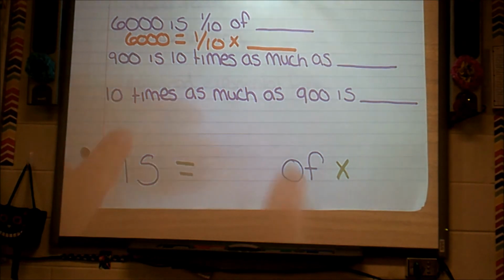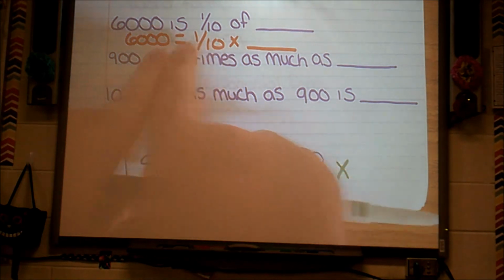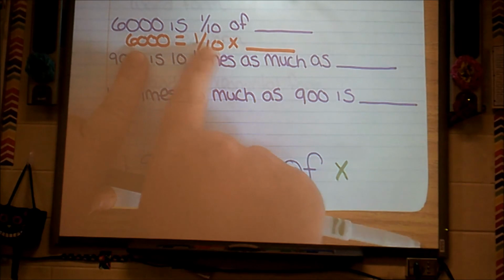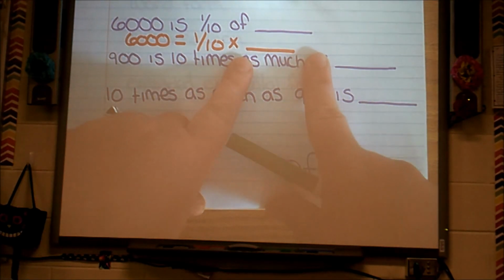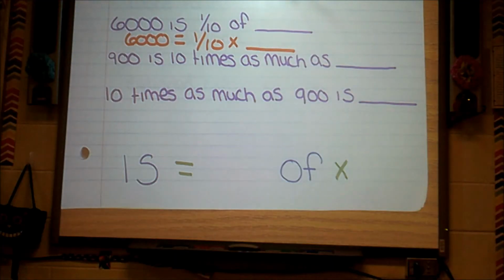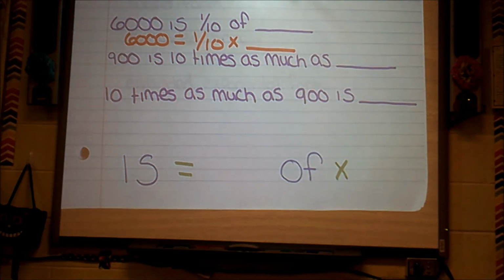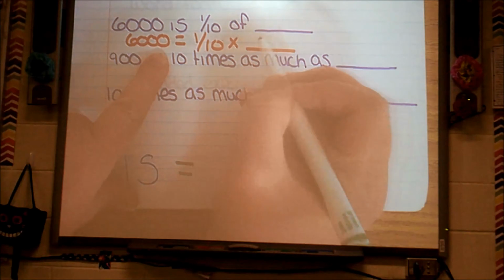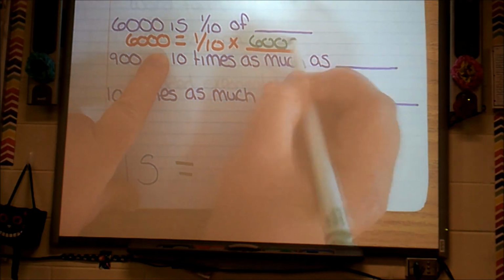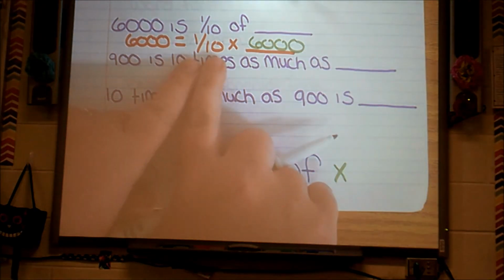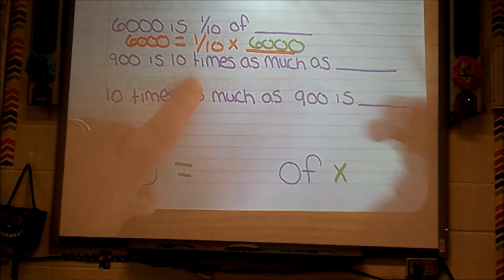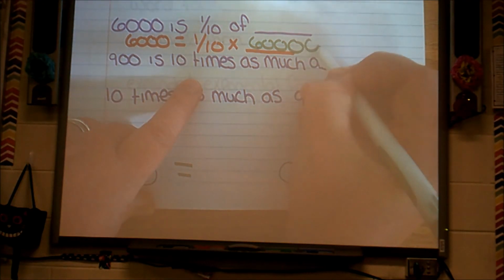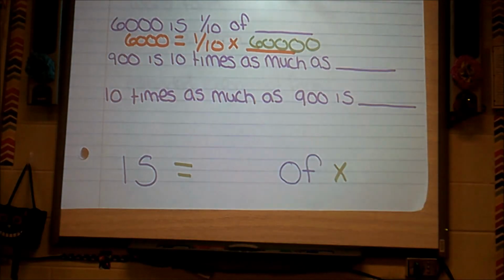Instead of finding 1/10 of 6,000, I need to find the larger number that when I multiply it by 1/10 gives me 6,000. So I start with my 6,000 and I do the opposite of what it tells me. Normally I would go to the left and find a smaller number, but in this case I'm going to go to the right and get a larger number. So my answer is 60,000.